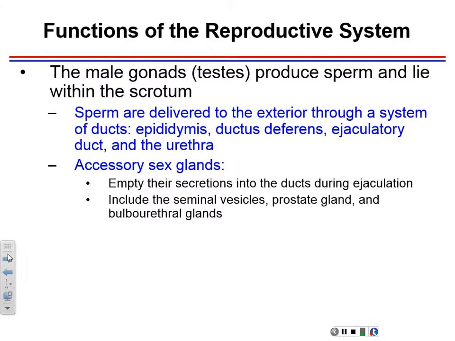Now we move particularly to the male reproductive organs. The testes are housed outside of the core body, so that they are about 3 or so degrees lower than body temperature.